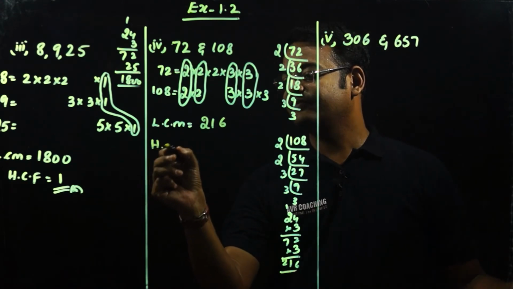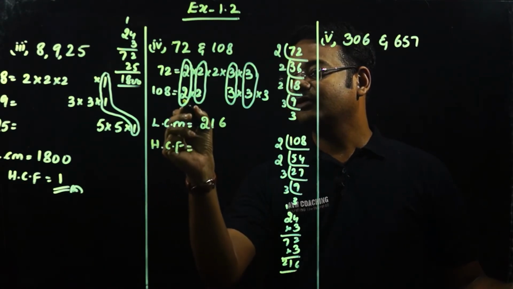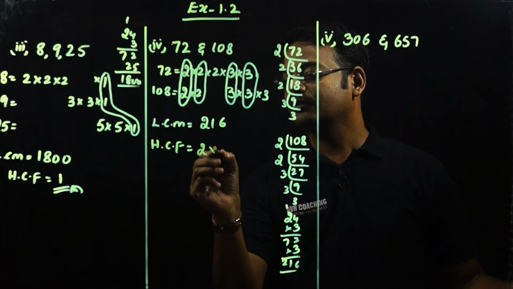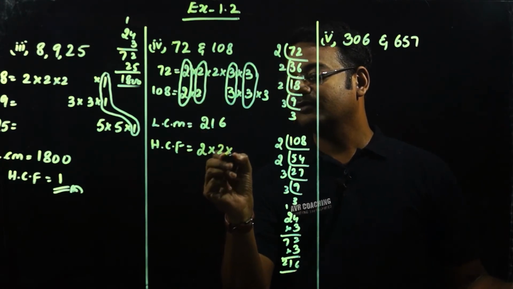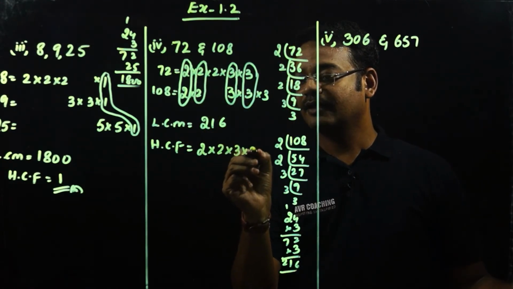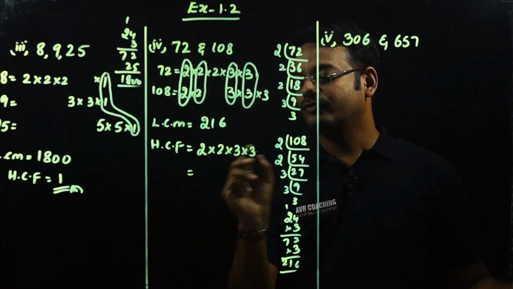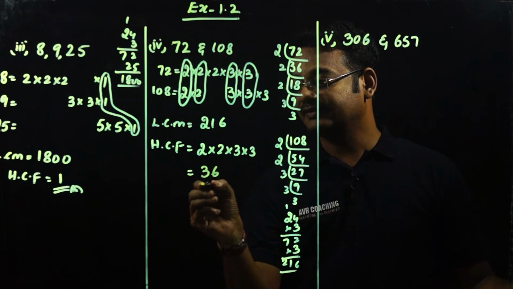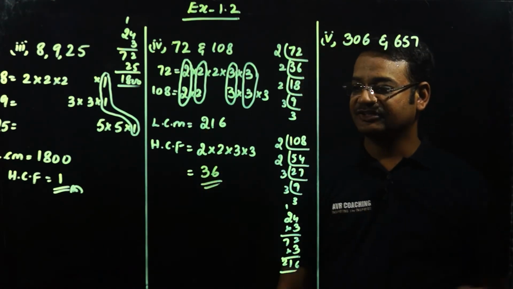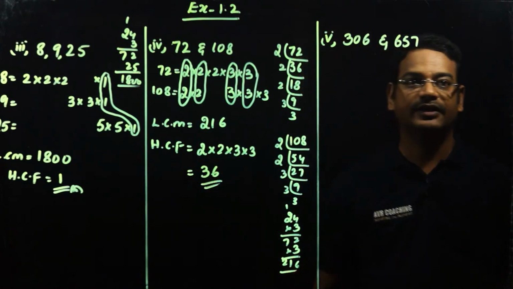And the HCF: we take the repeating numbers, 2, 2, 3 and 3, only one time each. So 2 into 2 is 4, 4 into 3 is 12, 12 into 3 is 36. So the LCM is 216 and the HCF is 36.